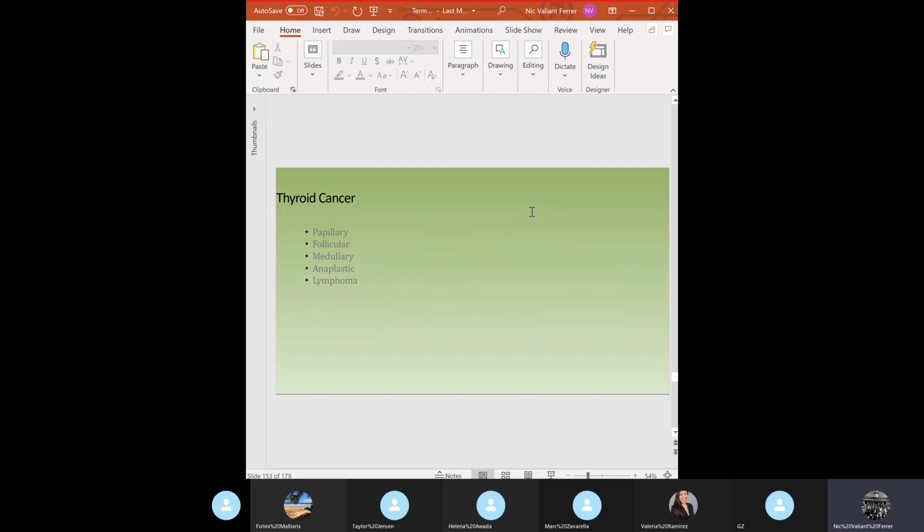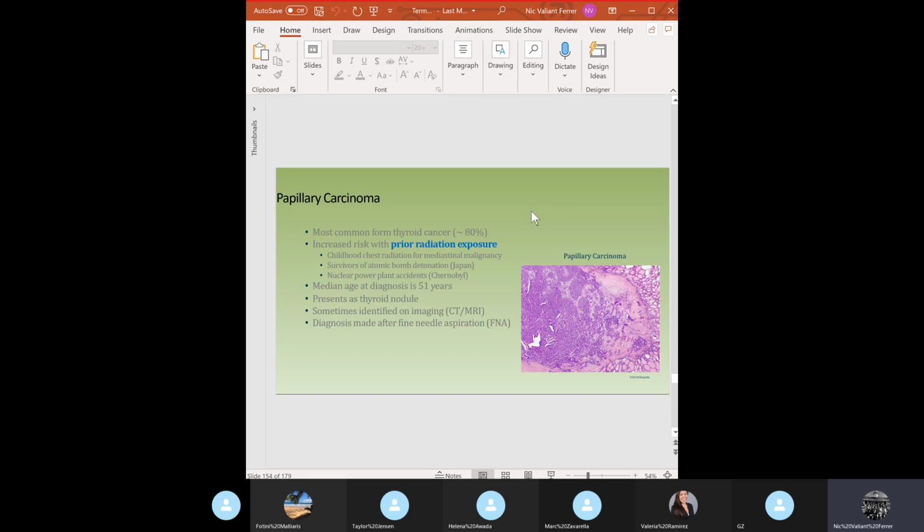Now, high yield thyroid cancers, the different kinds, right? They're going to give you a slide, and you need to correlate that pathological slide with the actual signs and symptoms. So papillary carcinoma, the most common form of thyroid cancer. You have increased risk with prior radiation exposure.